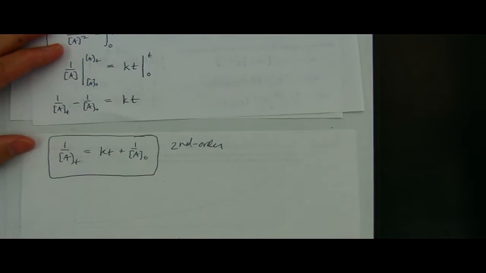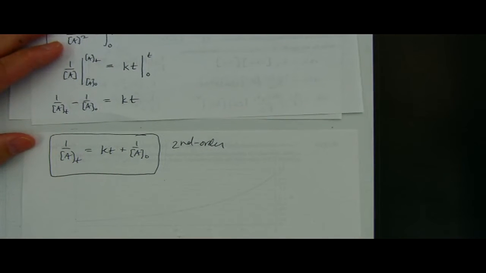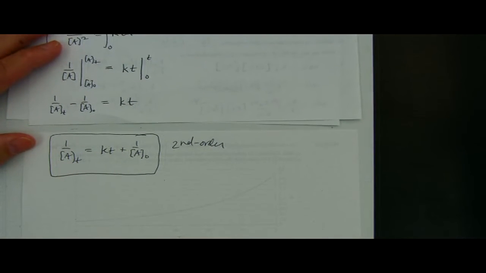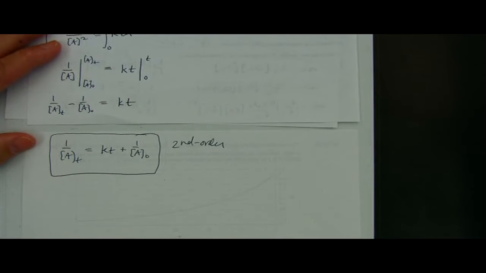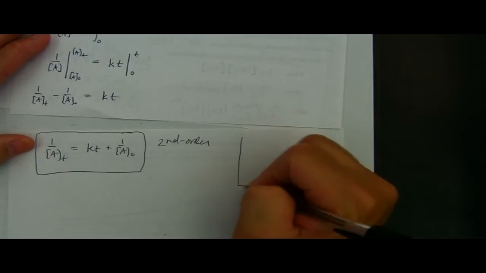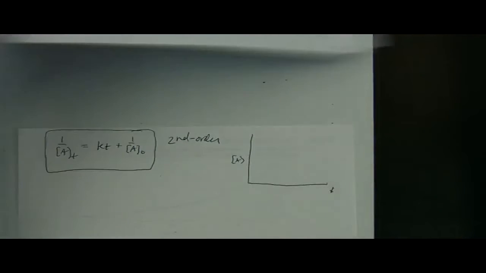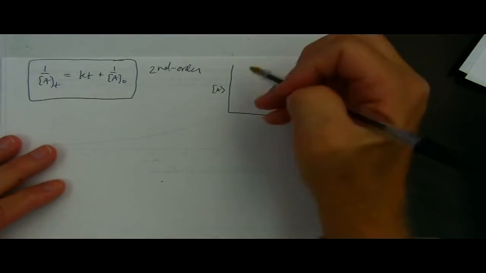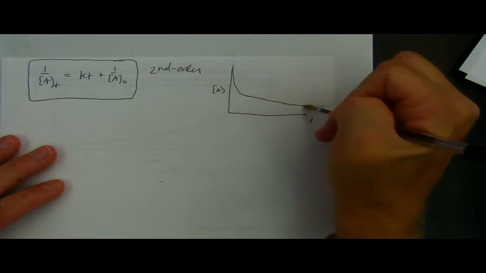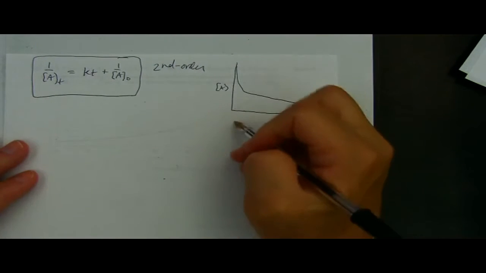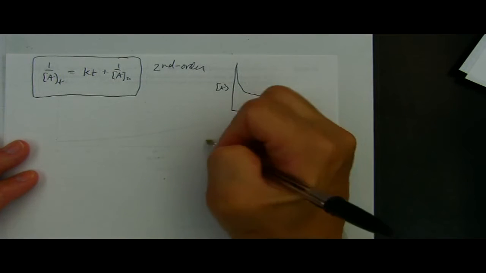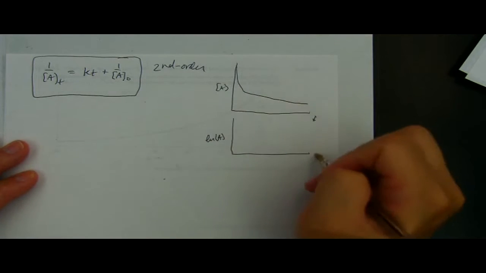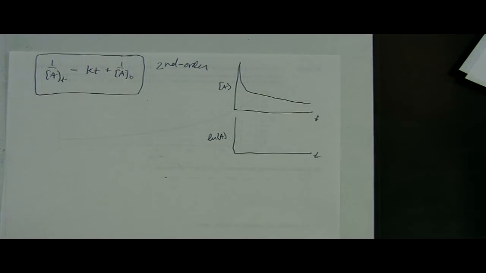And what is the usefulness of this equation? Well, it's linear if you pick the right variables. If we make a plot of A versus time, then you'll get something that looks like that. If I make a plot of log of A versus time, do I get a nice straight line?